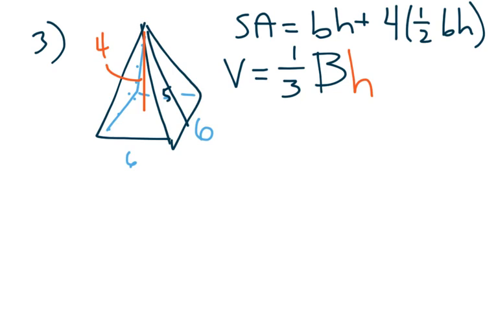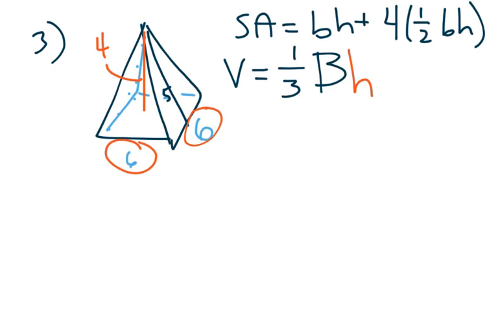So the surface area is base times height plus 4 times half base times height. So in this situation, the base and height is referring to this base and height for the square base of the pyramid.